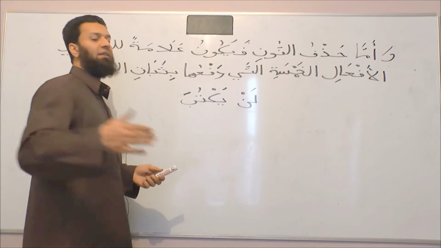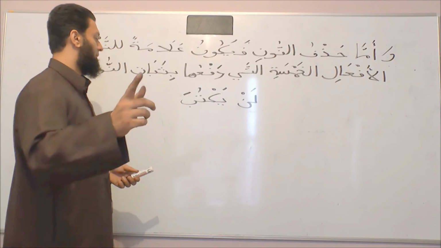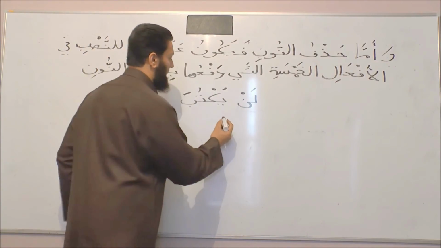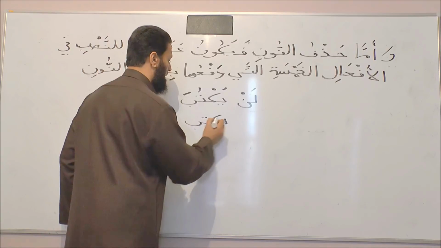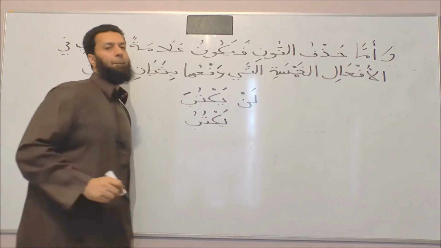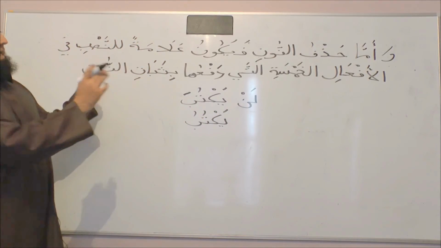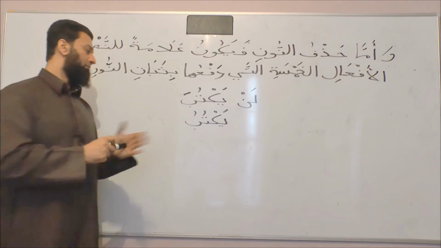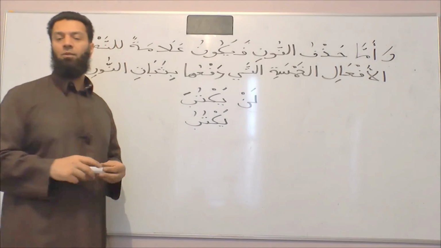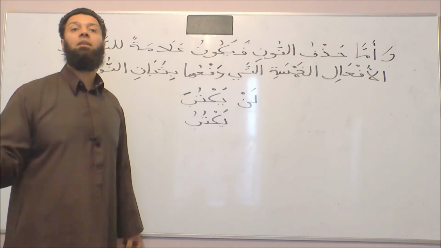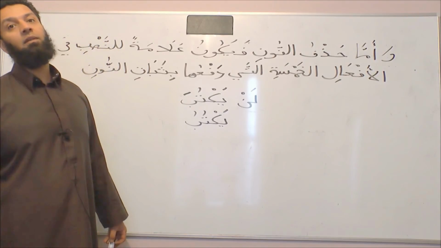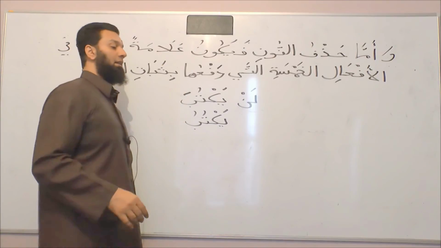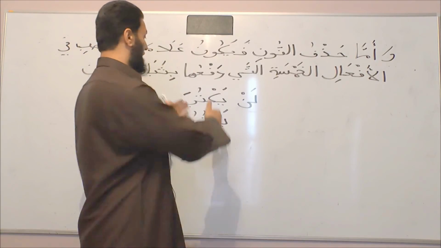Right, let's do it in sequence. What are we going to attach to the end of yaktubu to make manifest this example? Yaktubuna. Let's think about it in sequence: we start off with al-mufrad, the singular.